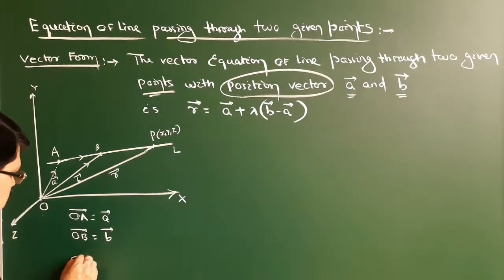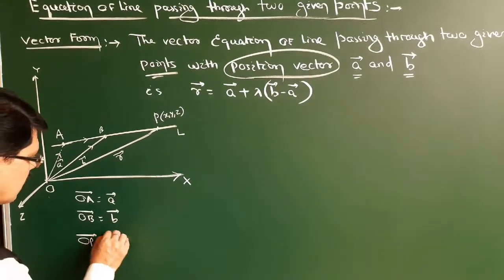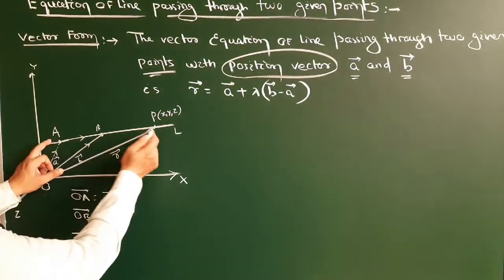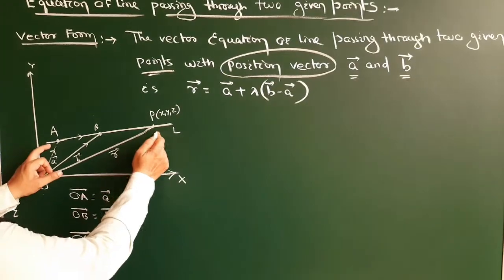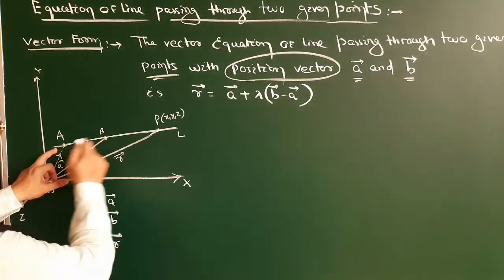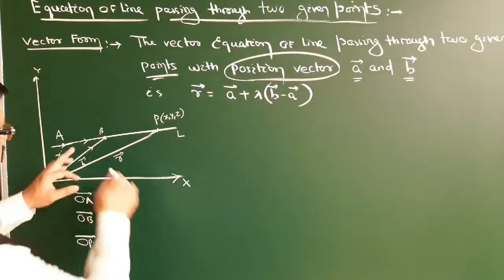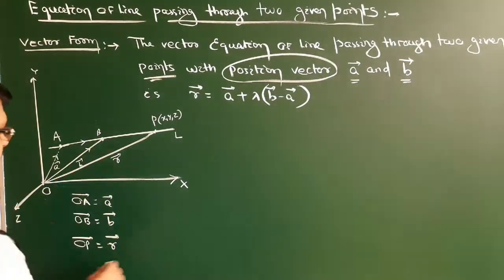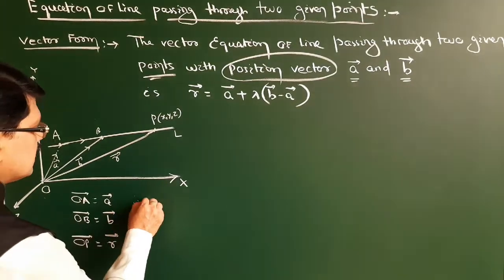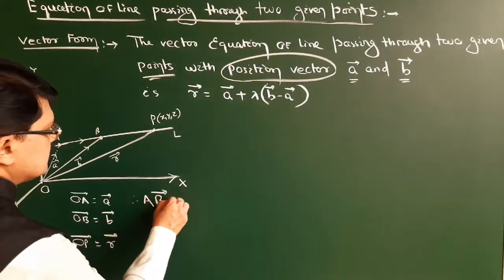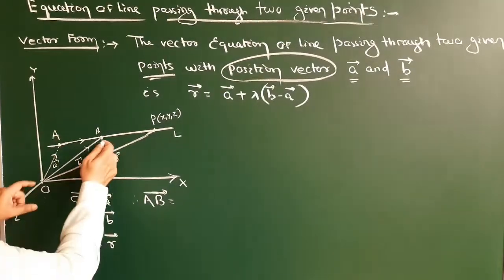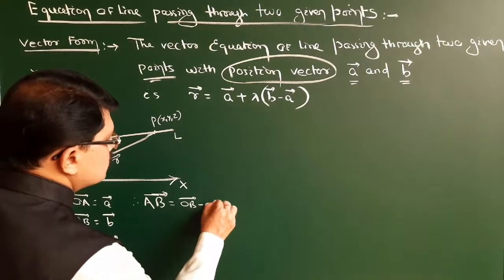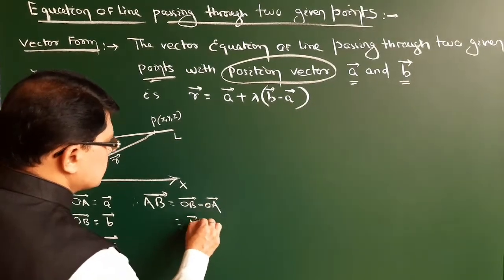So OP vector is equal to R vector. Now consider OP vector, AB vector and AP vector. Both are along the line, so both are parallel or have equal direction ratios. What is our AB vector? AB vector is OB vector minus OA vector, that is B vector minus A vector.